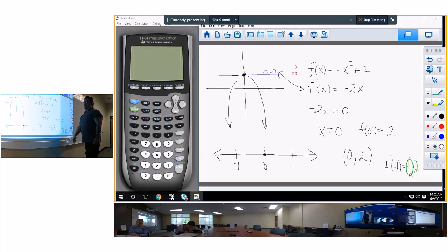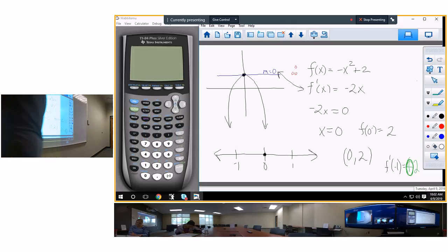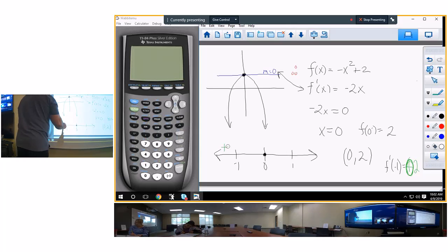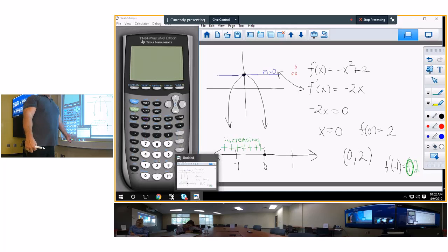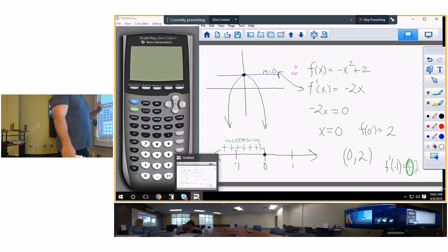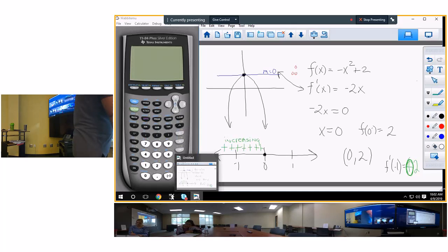So that means that everything to the left of 0 is what? So we know that our value is increasing. Now remember, we don't know what it looks like because we're just using the derivative here. We don't even have a graphing calculator. Because on the next one, we're not going to use the calculator.